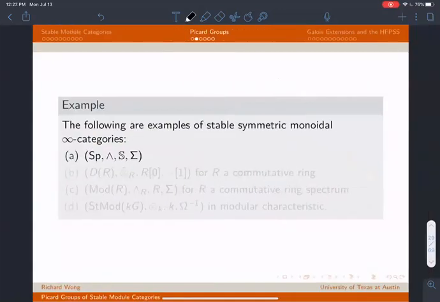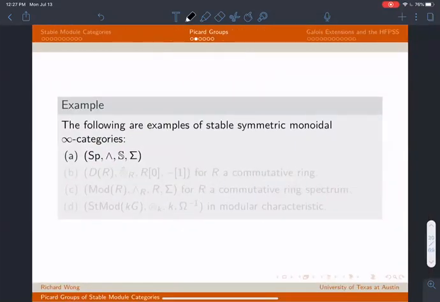And some examples of categories that you might want to compute Picard groups of. If you have a stable symmetric monoidal infinity category, you get some additional structure in your Picard group because suspension should play nicely with tensor product.